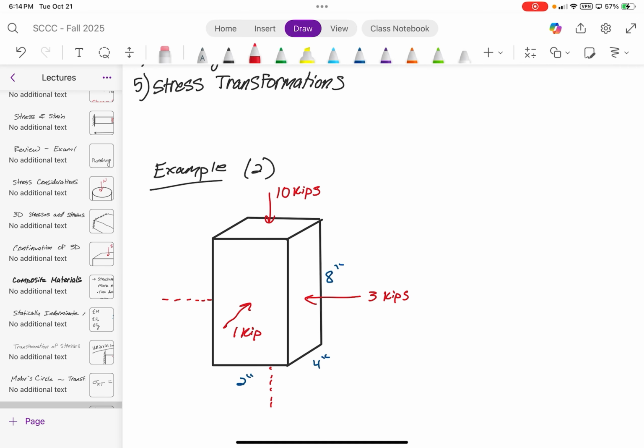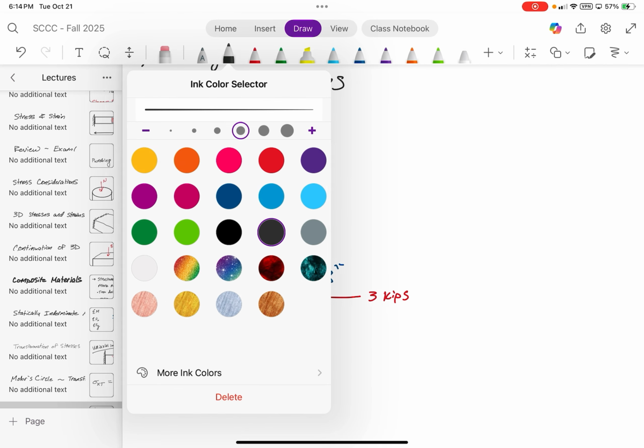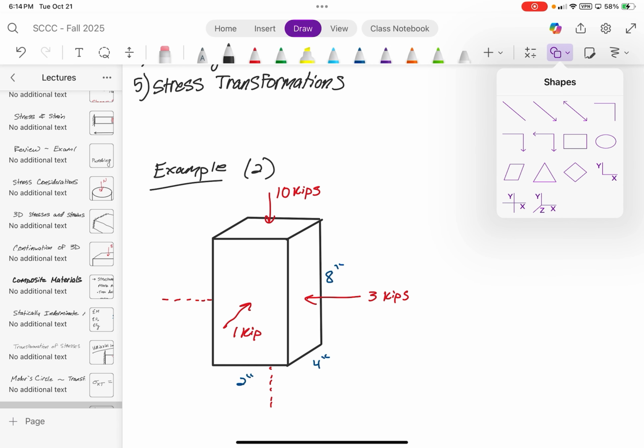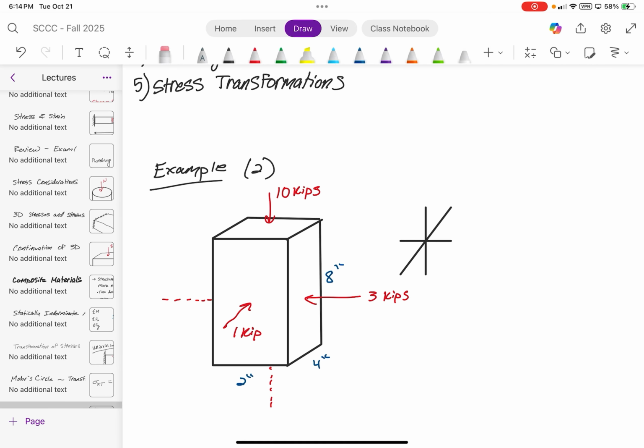And then we'll say that this is 1 kip. And so what I want, well, let me first define a coordinate system. We'll say that this is X, Y, and Z.